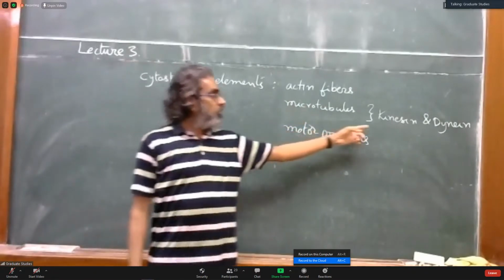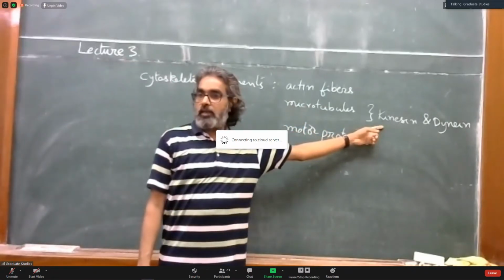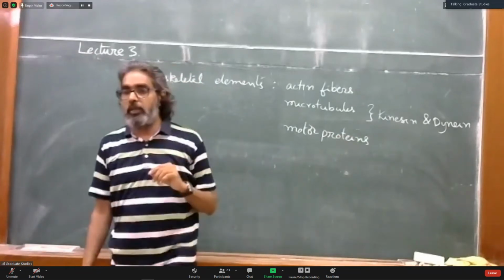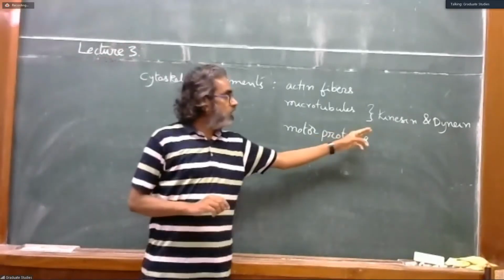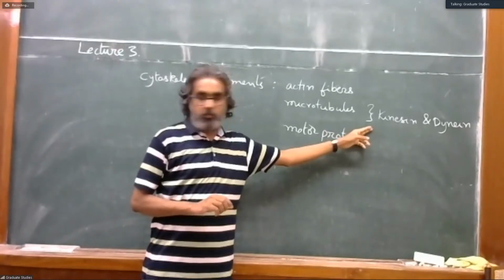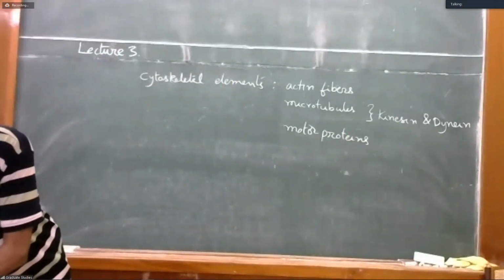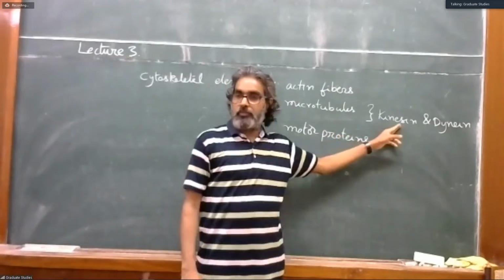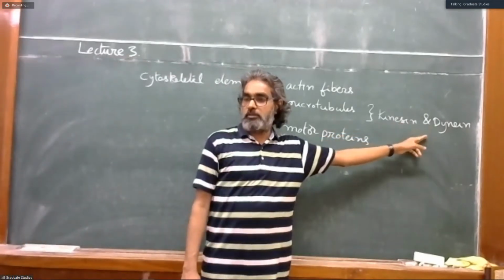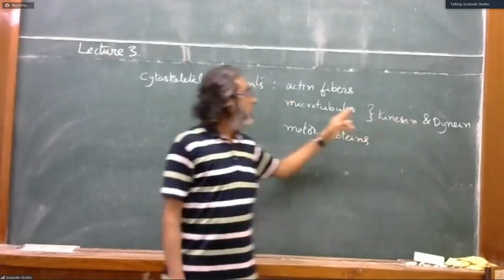However, they move in opposite directions. Kinesin moves from the center of the cell to the periphery, and dynein exactly opposite, from the periphery to the center of the cell.